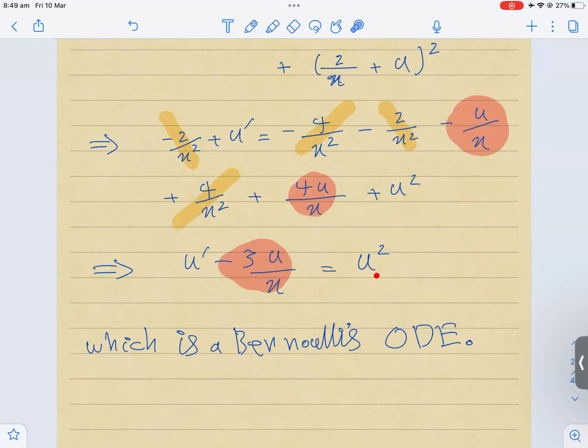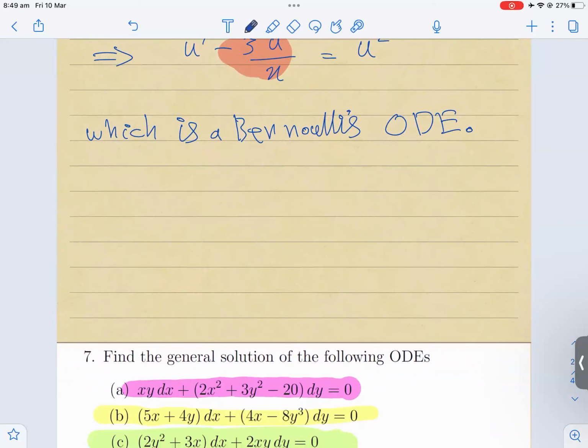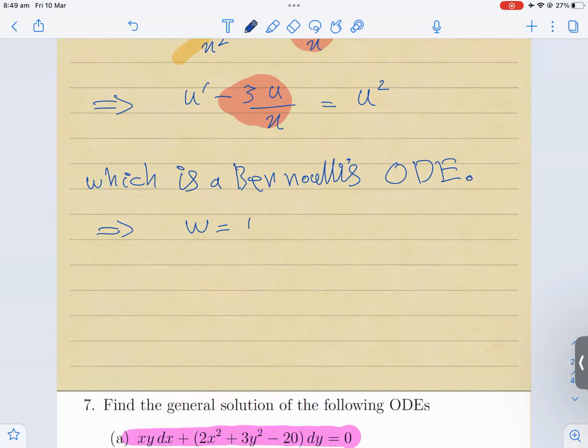This u squared means it is Bernoulli. So with Bernoulli, you know what to do for the rest. The substitution is w equals u to the power of what? 1 minus 2. Yes, that's enough. Then the rest will come automatically.